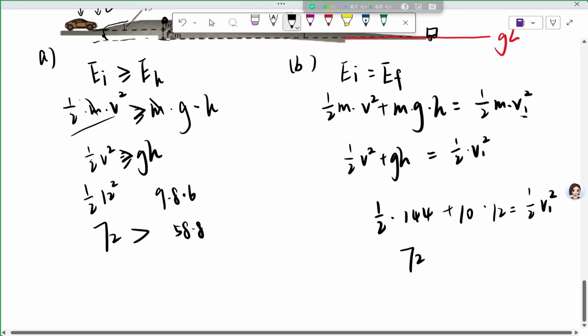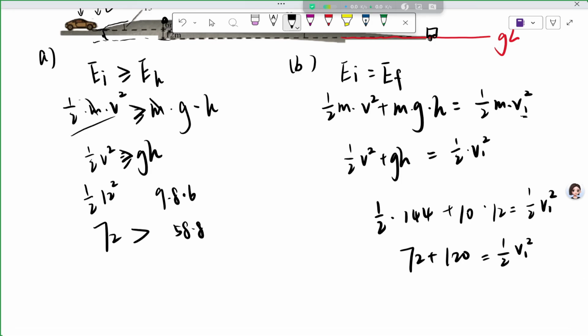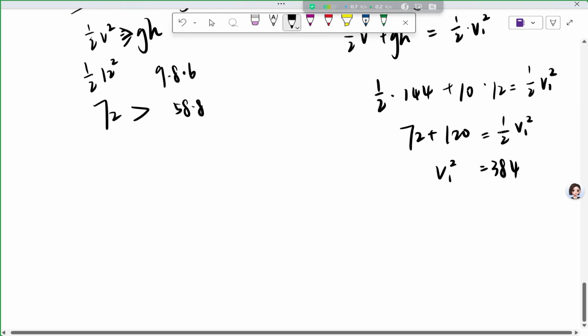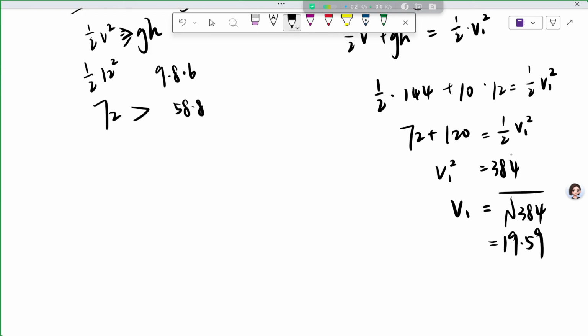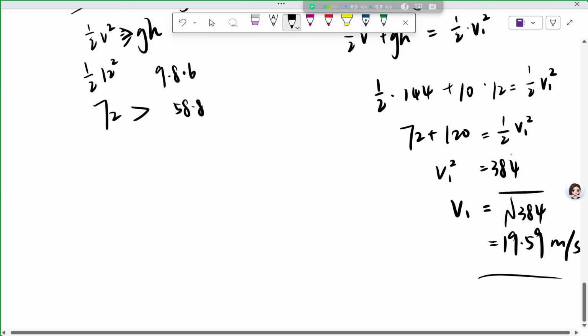It will be 72 plus 120 is equal to half v1 squared. v1 squared is equal to 384. v1 will be the square root of 384, so it is around 19.59 meters per second. So that's the final answer.